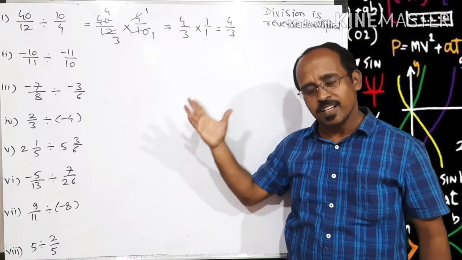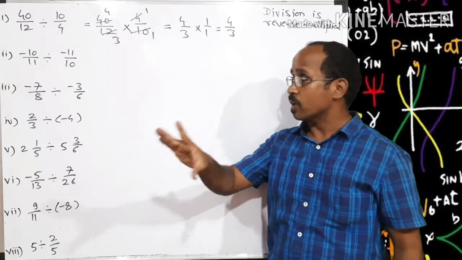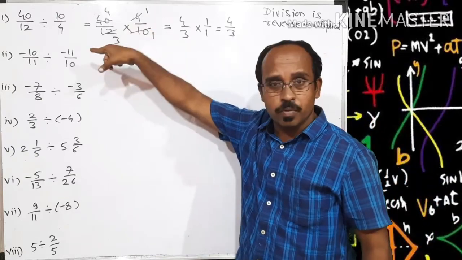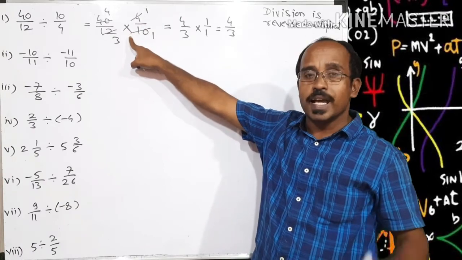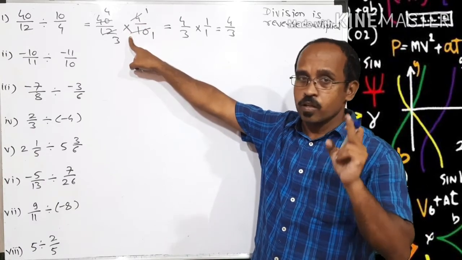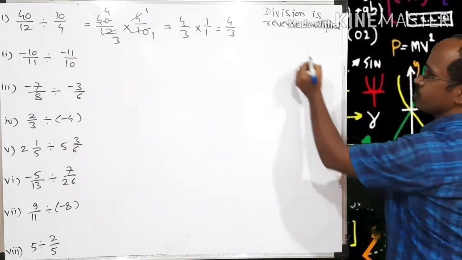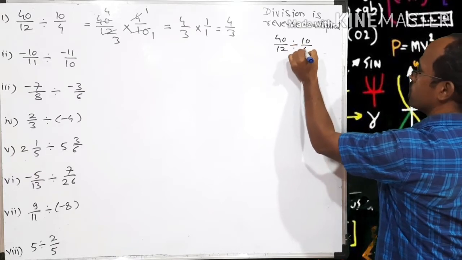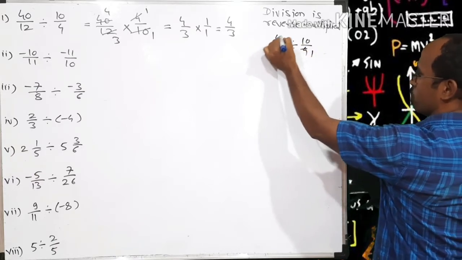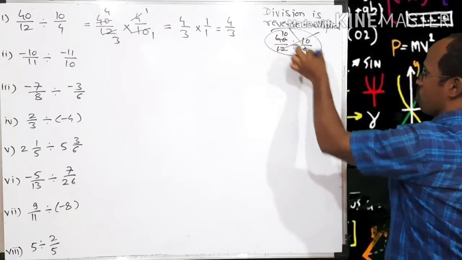Isn't it easy? It's super duper easy, students. You just carry on practicing. But this elimination of factors we can do in multiplication only, not while carrying out division. If you try it like this, 40 upon 12 divided by 10 upon 4, and directly cut, 4 1s are 4, 4 10s are 40, this is totally wrong.